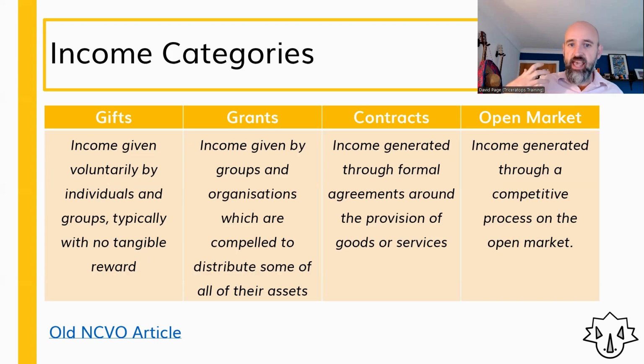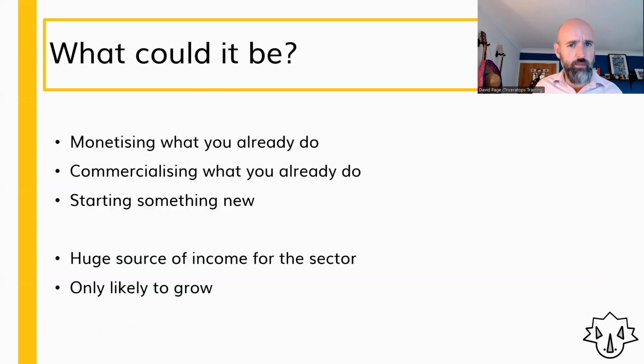So, we're generating income through a competitive process on the open market. What are we going to do? That's where we need to go next. What can we offer as this product? And product is a catch-all term that we use for anything that you're offering, be it a service, an actual product, whatever it might be.